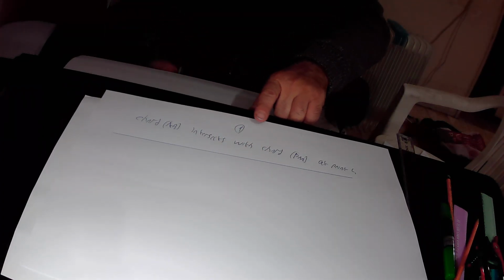Chord AB intersects with chord PM at point C. So all the requirements for rule 65 are satisfied, therefore we can implement rule 65.